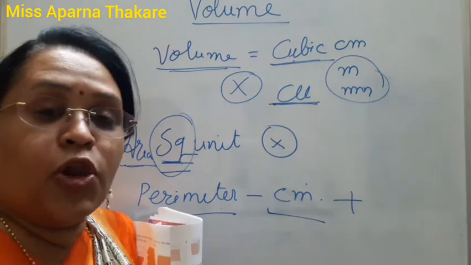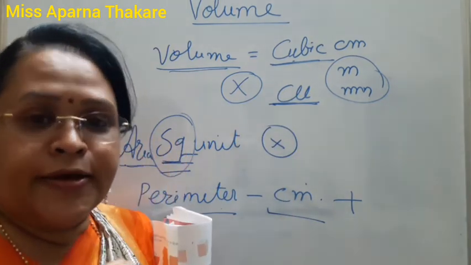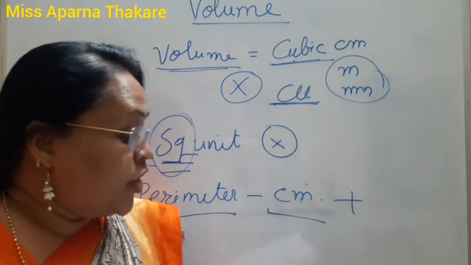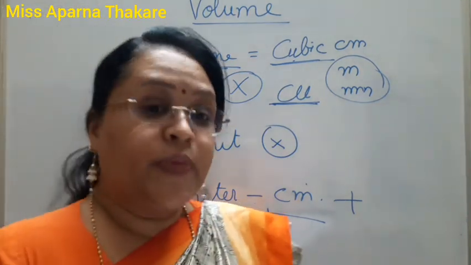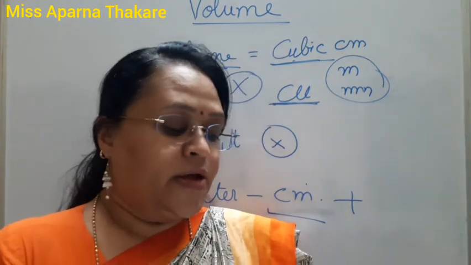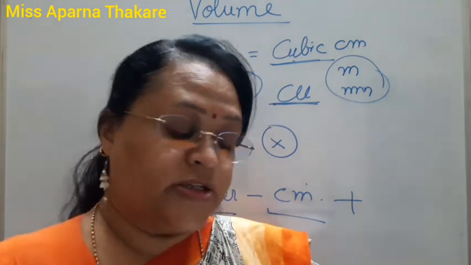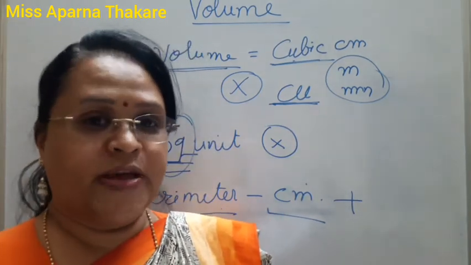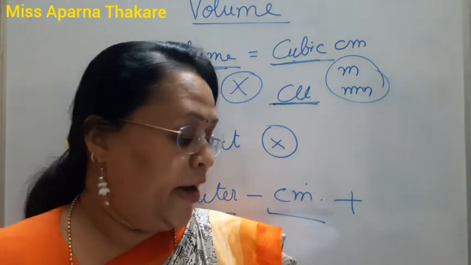How many terms in volume? It is 3 terms. So the unit of measurement of volume in cubic centimeter is written as cu centimeter. The volume of the bread box equals 160 cubic centimeter.